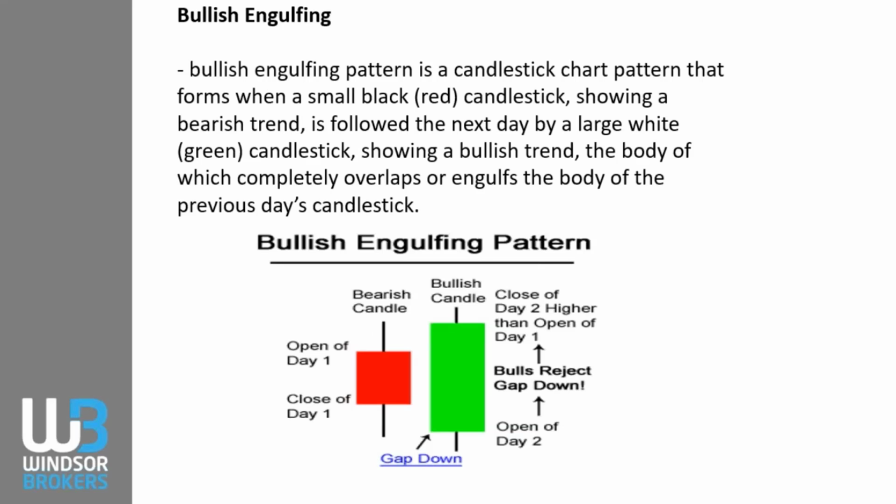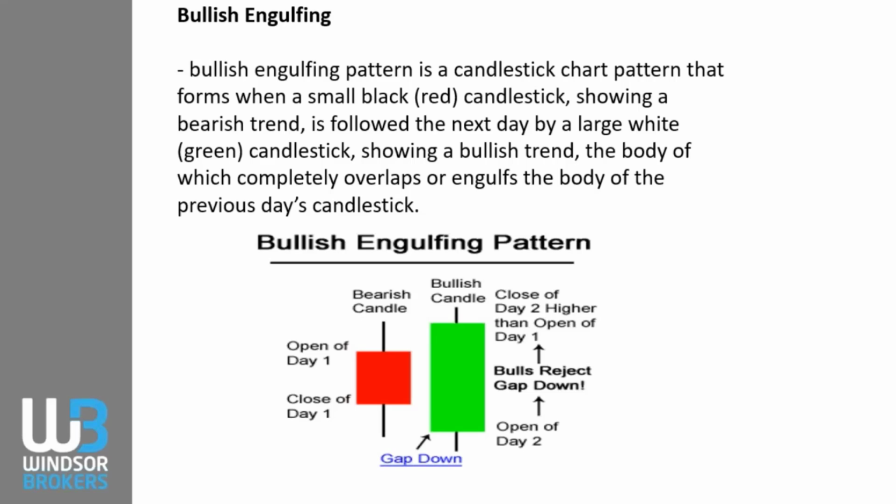Now we have engulfing patterns that are also important and usually give a signal of a change of direction. In this case, we talk about the bullish engulfing pattern, which is presented by two candlesticks. The first one is usually red or black with a smaller body, showing the negative direction, so a bearish trend.